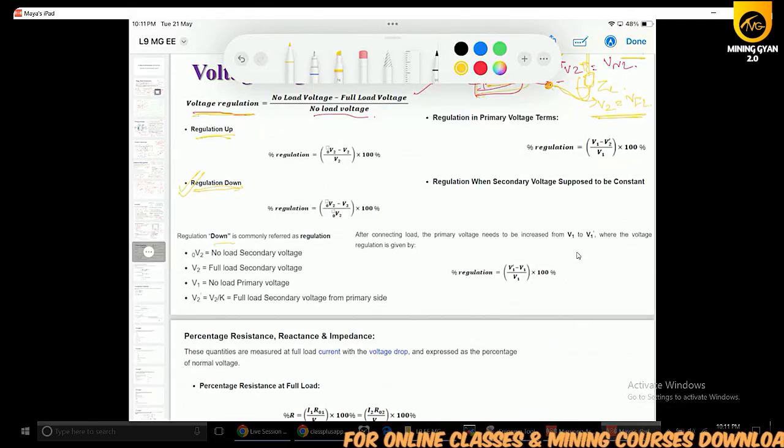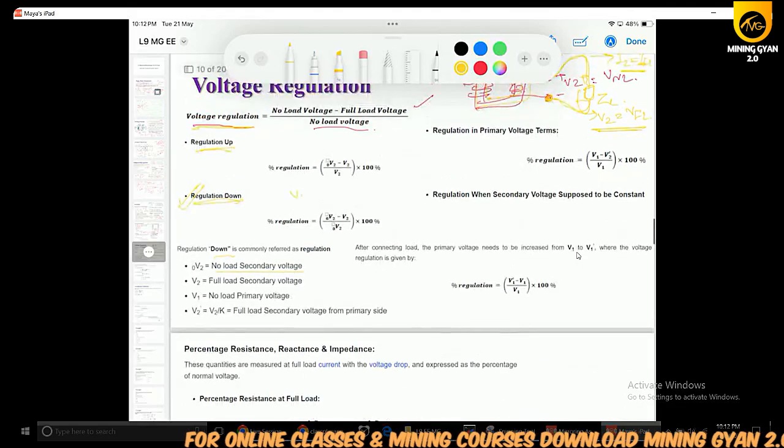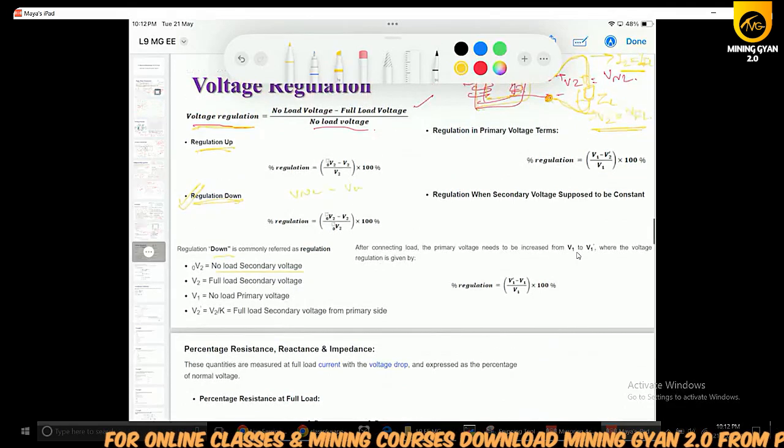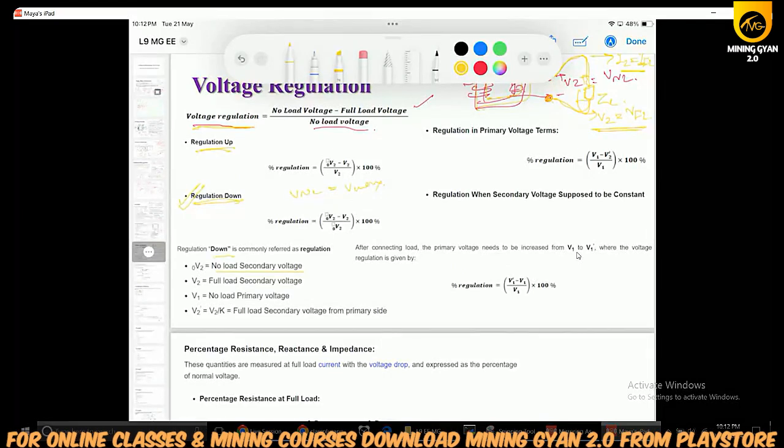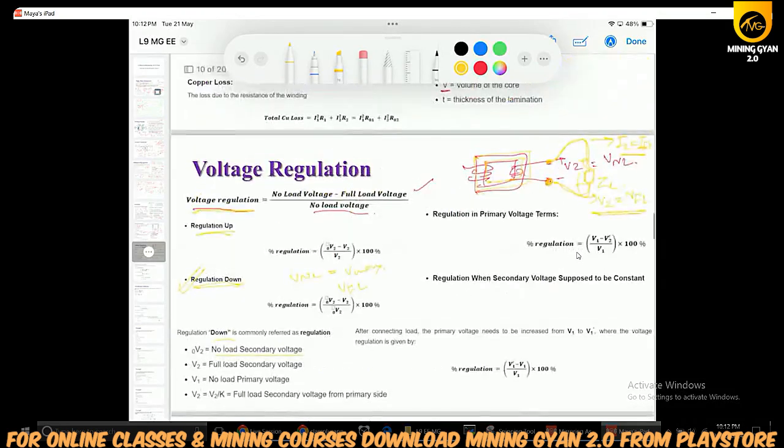So what is V2 0? This is the no load secondary voltage, because the no load voltage will be the V maximum offered by the transformer, and how much fluctuation will be there between V full load and V no load, because when the transformer is loaded, obviously voltage drop will be there, and hence V no load will be more than V full load, because V full load will be V no load minus V drop.